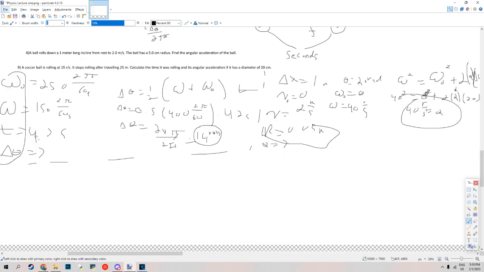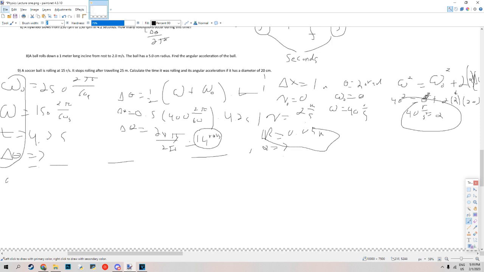Now number 9. Number 9 says a soccer ball is rolling at 15 radians per second, so initial angular velocity equals 15 radians per second. And it stops rolling, so final angular velocity equals 0. After traveling 25 meters, so delta x equals 25 meters.